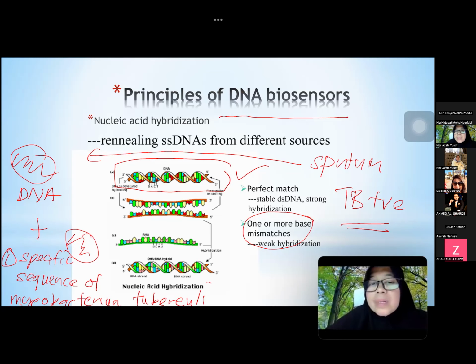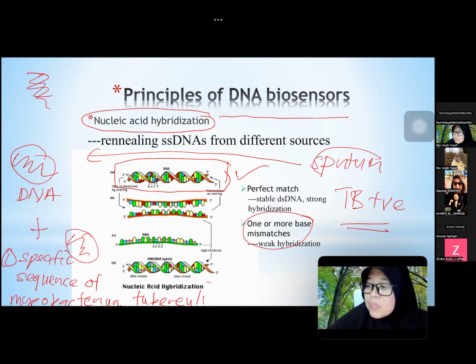So now the issue is, how do you know if it is a 100% match or a 50% match? When this DNA matches with the specific sequence, it is called hybridization. Yeah, this is the word, nucleic acid hybridization. When the single strand from the sputum reacts with the specific sequence that they have, called the probe, they react and form a double-strand DNA.